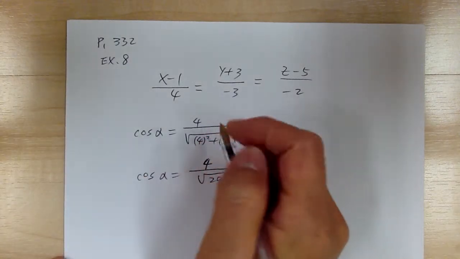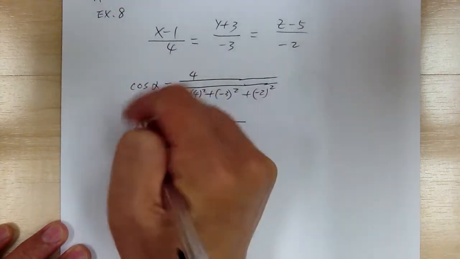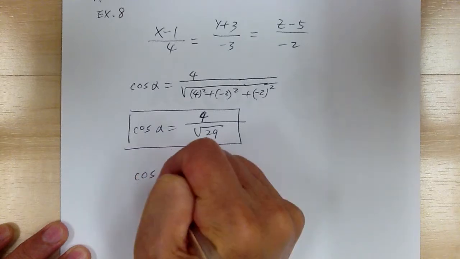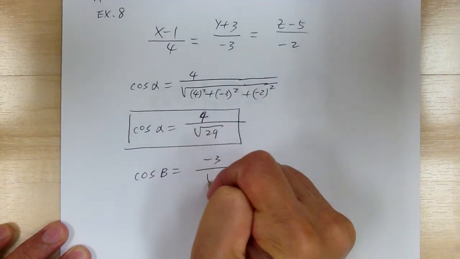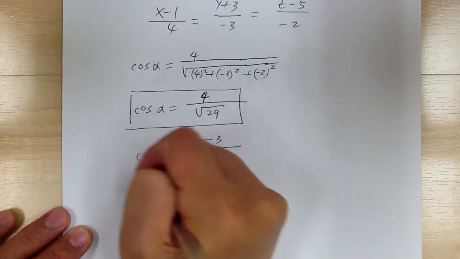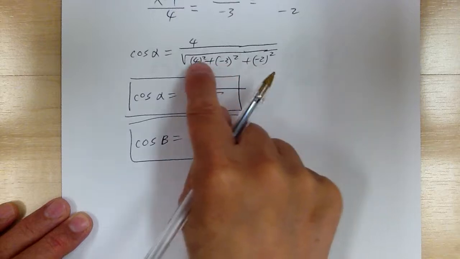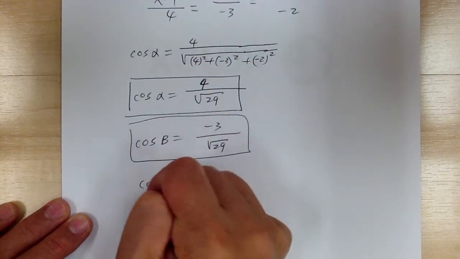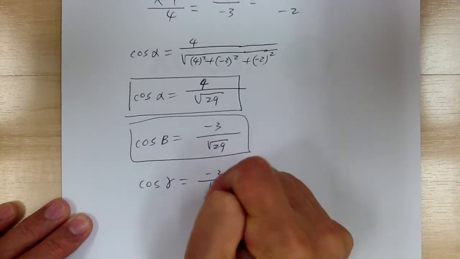Now in this section, you can just leave the square root on the denominator. Normally you don't do that. Now cosine beta equals negative 3 over square root of 29. Once you find the length, you can just go and use that. And cosine of gamma equals negative 2 over square root of 29.